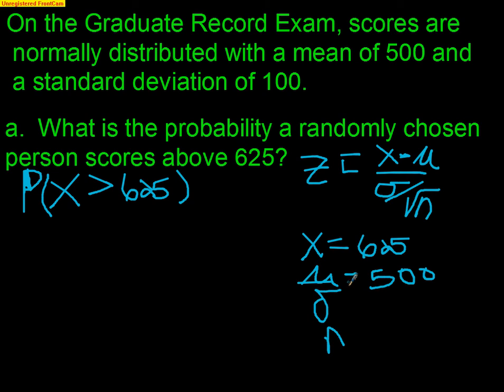And my sample size. How many people are in my sample? Well, let's see what it says. What is the probability a randomly chosen person, and a means 1. So we put this all together.